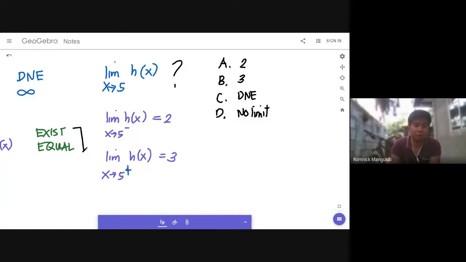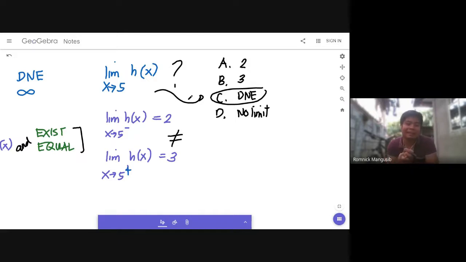Kailangan itong dalawa will always be true. So, we have exist and equal. So, these two and 3, yes, they exist. But are they equal? No, they're not. So, ibig sabihin, the limit does not exist. Okay, ganun lang. Okay, so I think you are ready sa quiz. So, ganun lang yung mga ano.